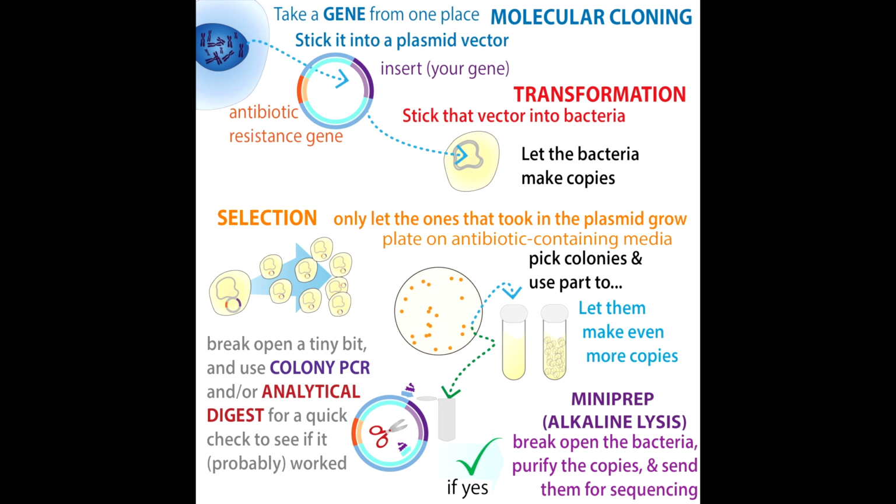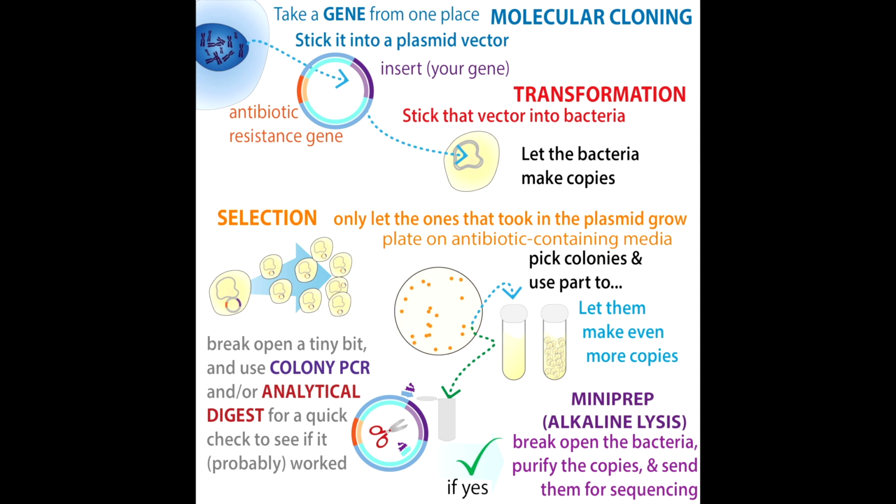And if you do that well, after you've drenched the bacteria in the plasmid vector you made, then the plasmid will be able to go into the bacteria. You do that with a solution of the bacteria in a tube, and then you plate it.